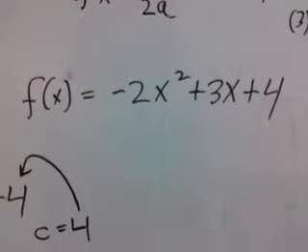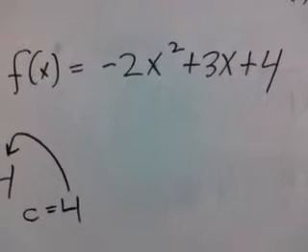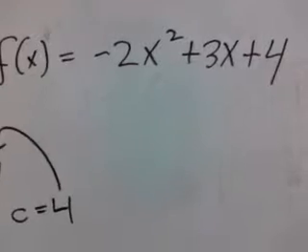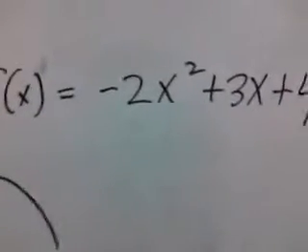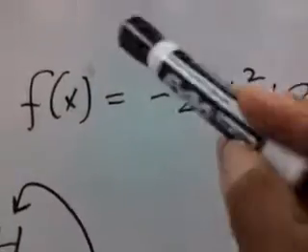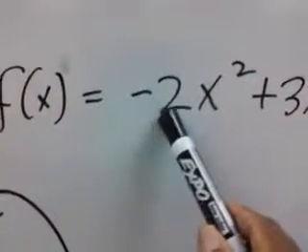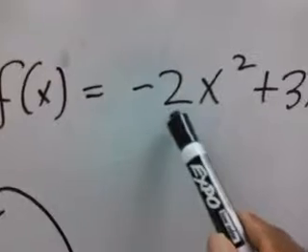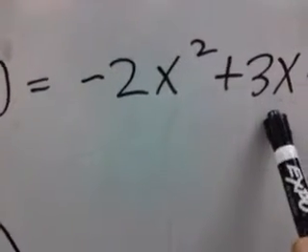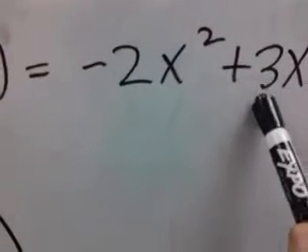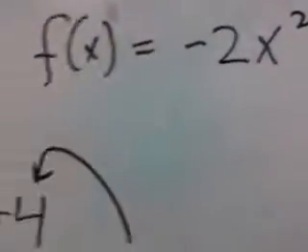To find that, we have to identify a and b. And we said that a is the number beside x squared. So you can see here the number beside x squared is negative 2. So that means a should be negative 2. B is the number beside x. The number beside x here is 3, so b should be equal to 3.